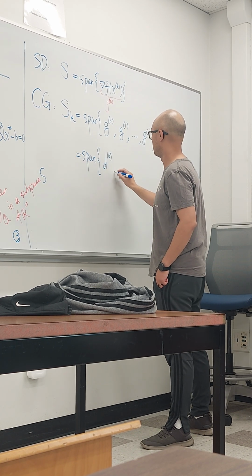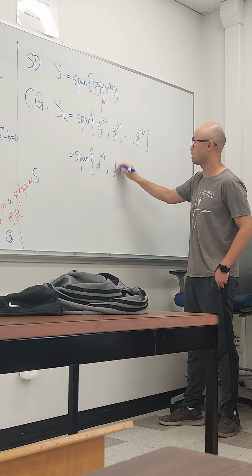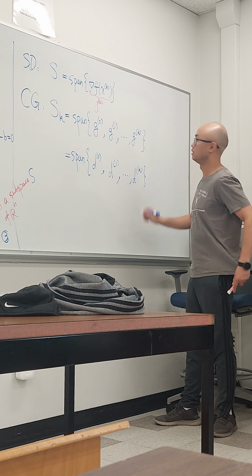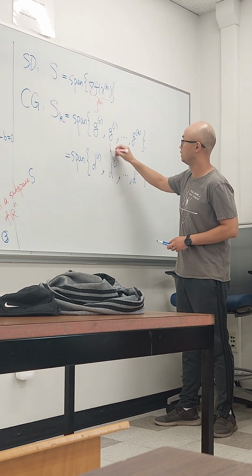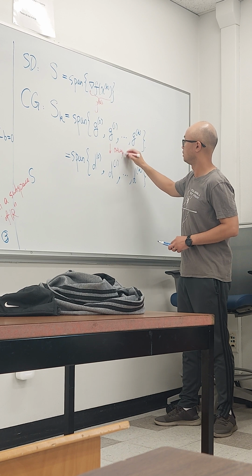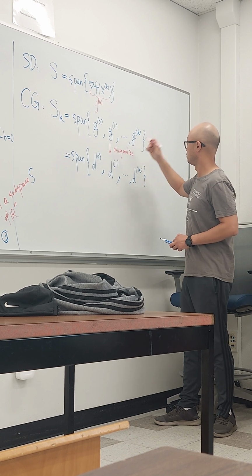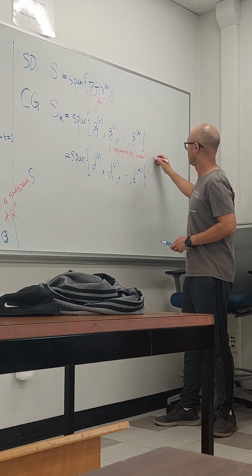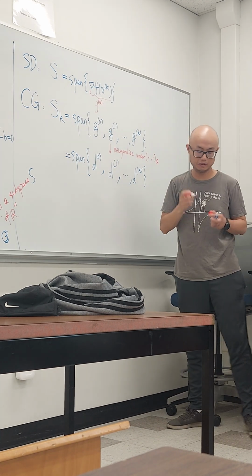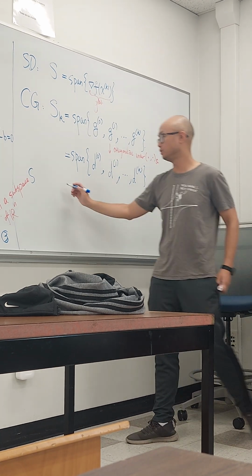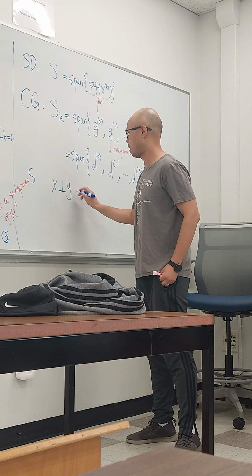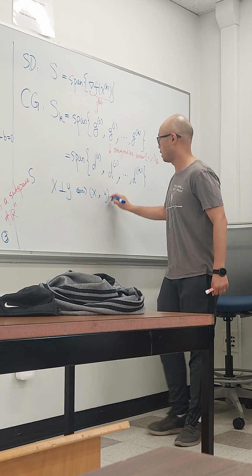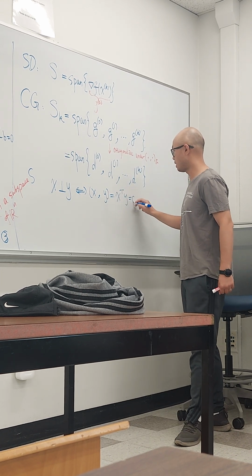And not only do we want to do this, we want to orthogonalize it, with respect to the inner product of Q. So what does orthogonal mean? x and y are orthogonal if x inner product with y, or x transpose y, is 0.